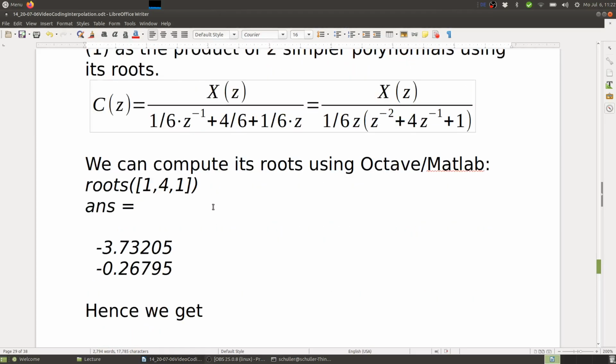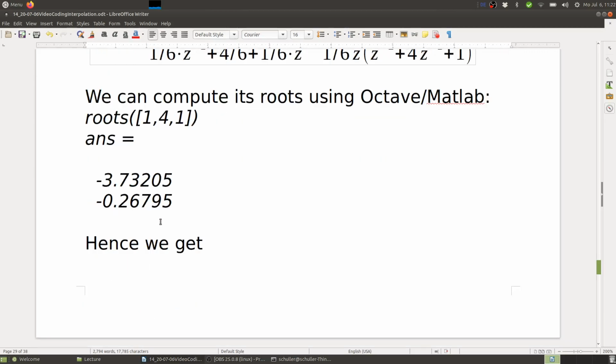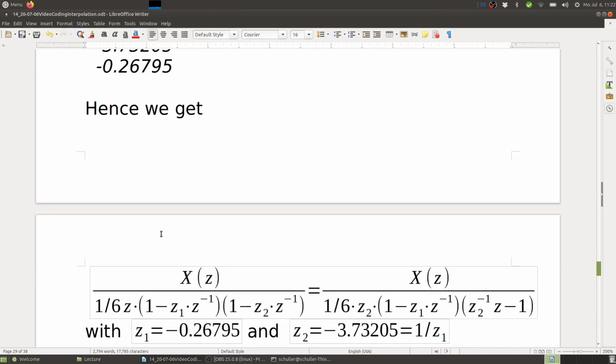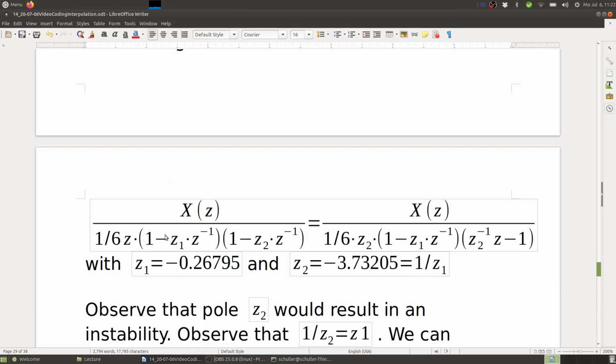And then we can apply the command roots in Octave or MATLAB or also Python. It's the same. And here we get those roots, right, as solutions. So that means we have our two roots z1 and z2. And it turns out that z2 is simply 1 over z1.